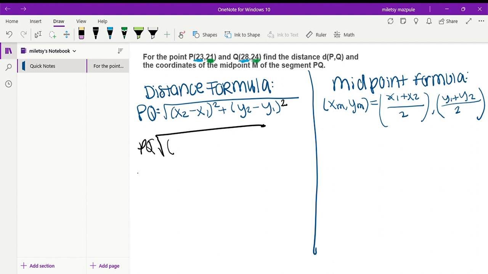So x1 is actually going to be 28, and so that's x2 minus x1, which is 23, going to have to extend that out a little bit, plus y2, which is 24, minus y1, which is 21.